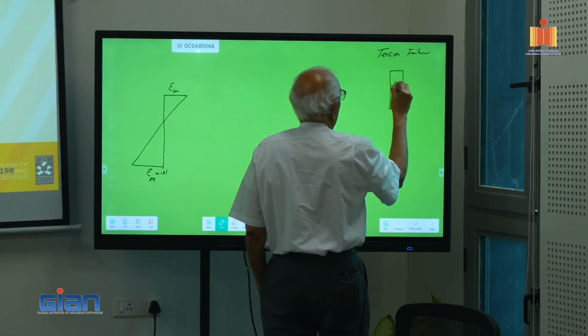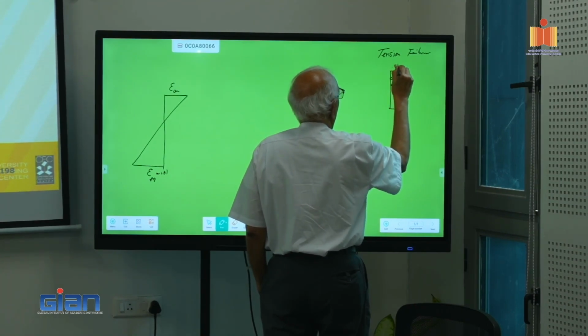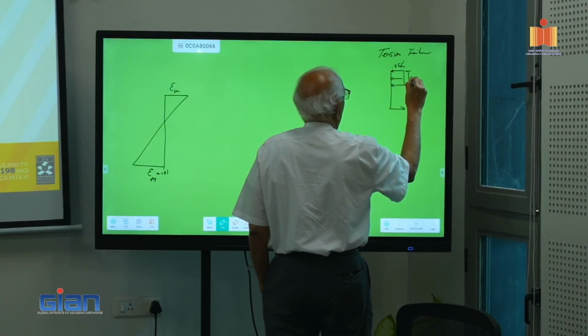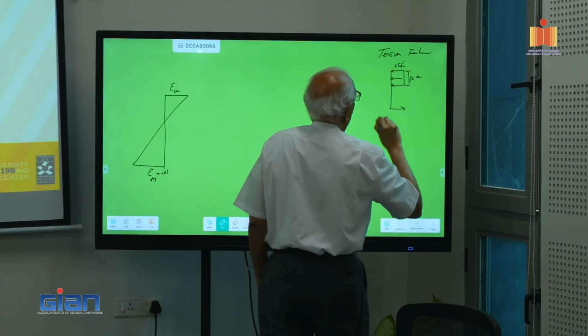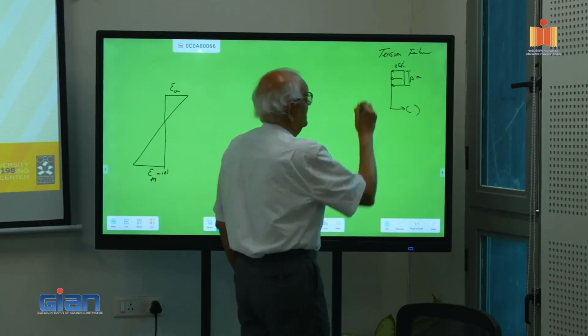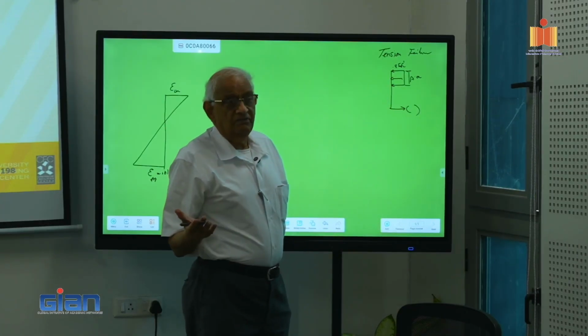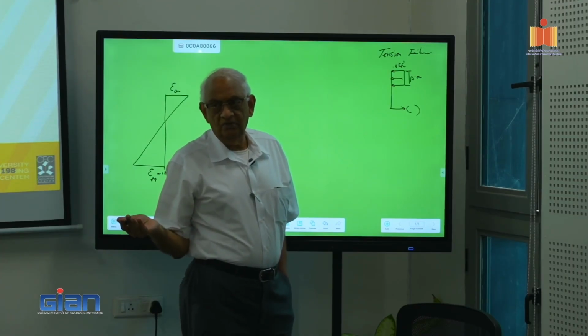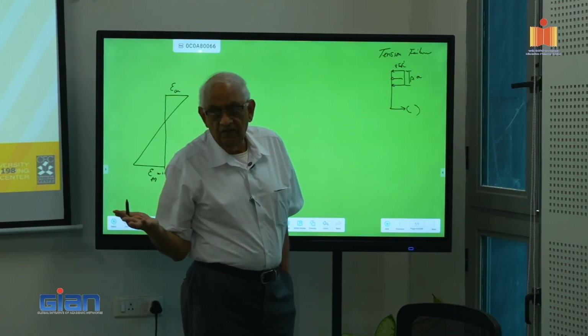If it's a tension failure, it's already predetermined: 0.01 times the modulus of the GFRP.